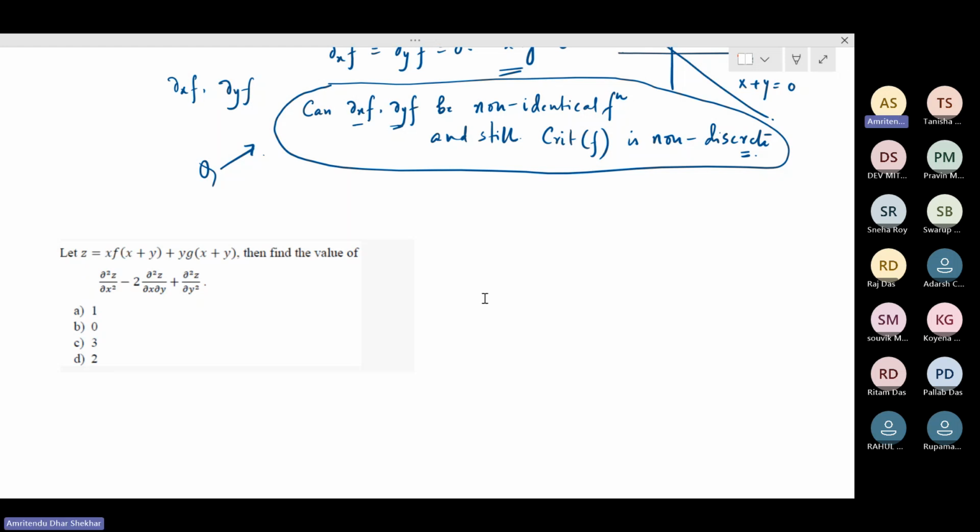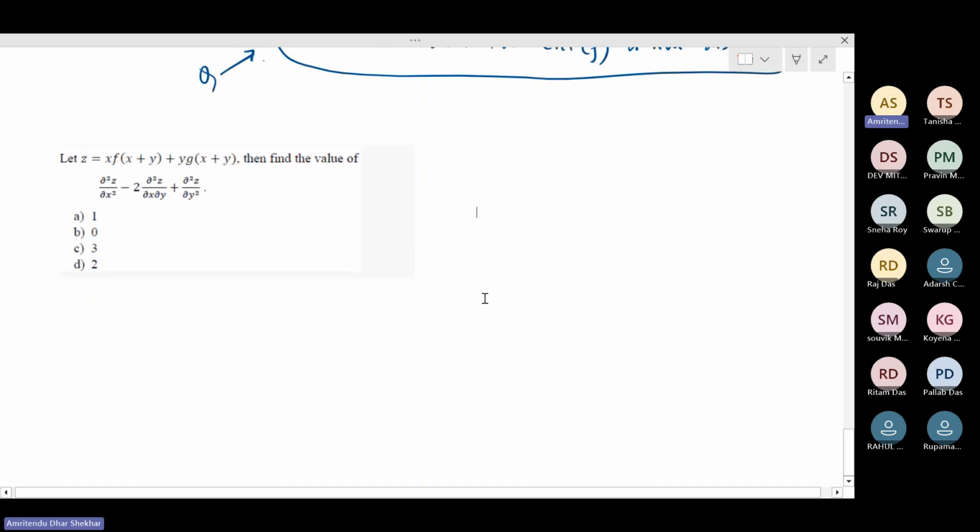This problem is again a computational problem, and it involves taking second order partial derivatives. Second order partial derivatives are defined analogously to second order derivatives, in the sense that it is repeatedly taking a derivative.